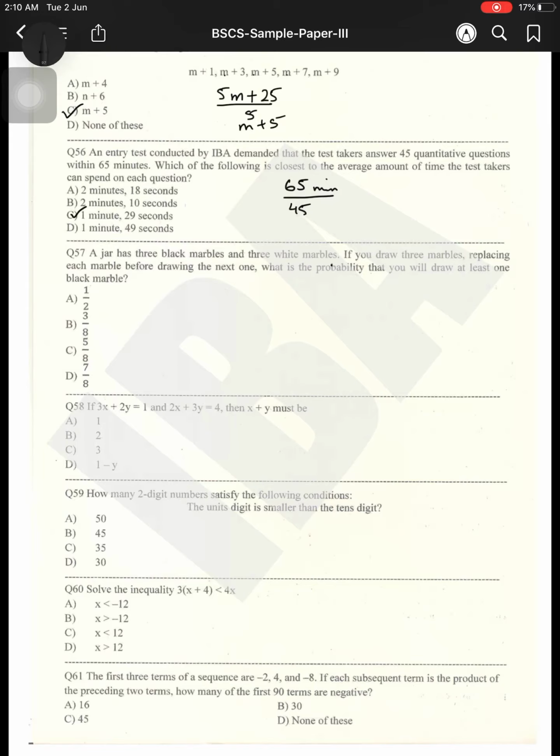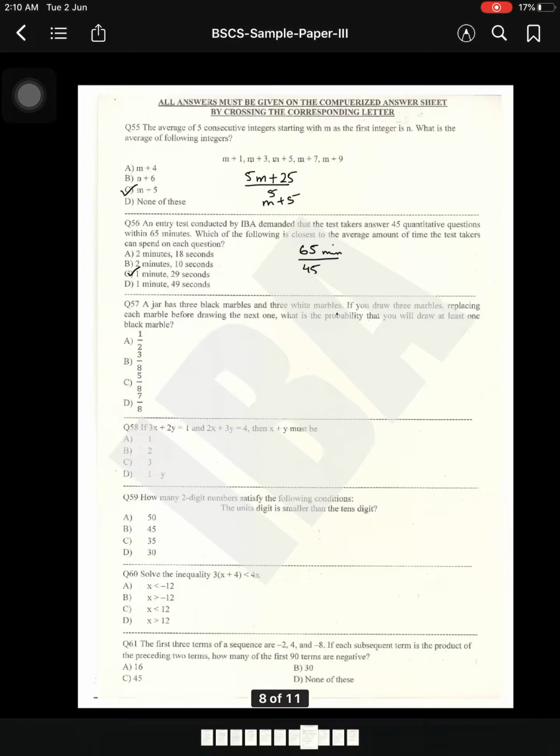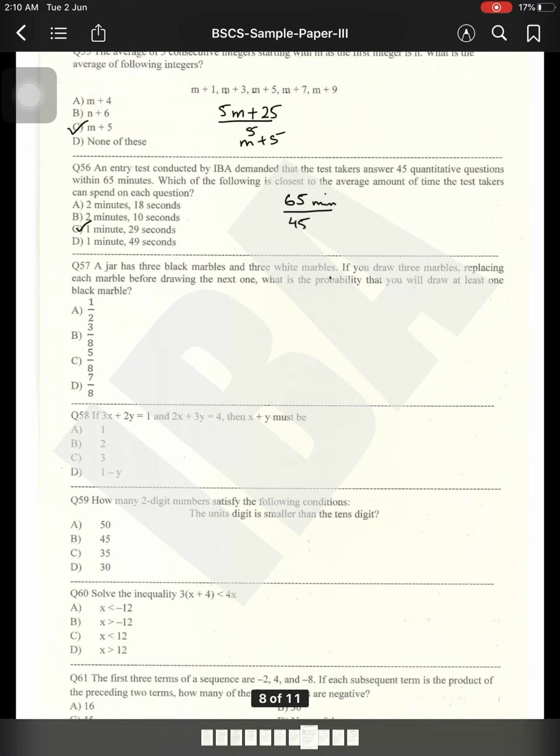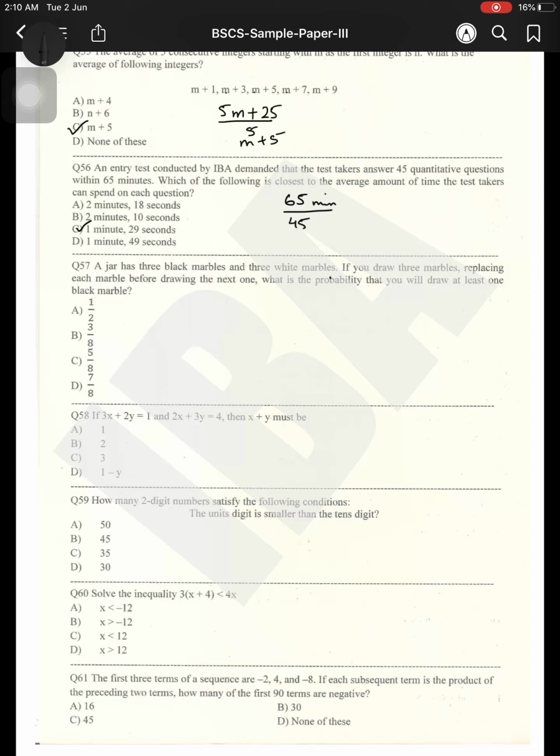Next question, he says black marbles. So probability of at least one black is equal to 1 minus probability of whites.